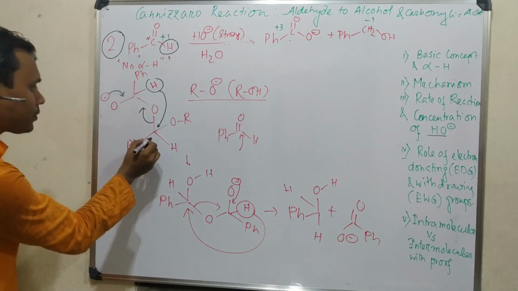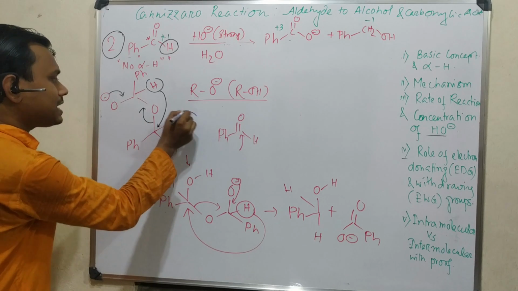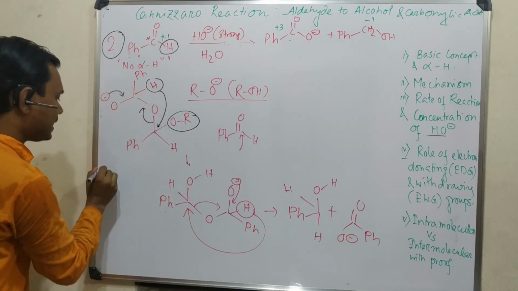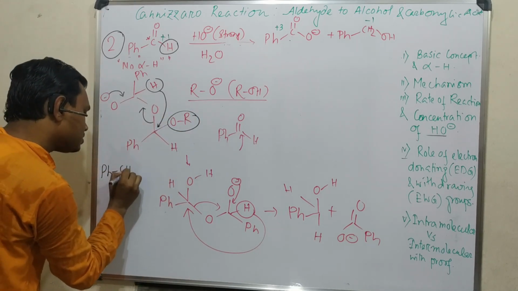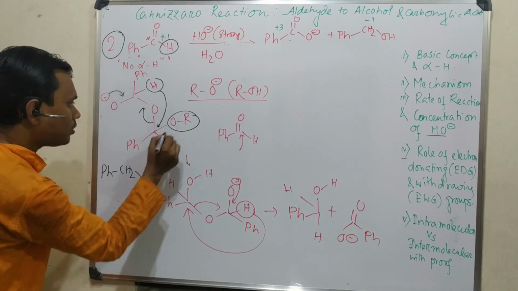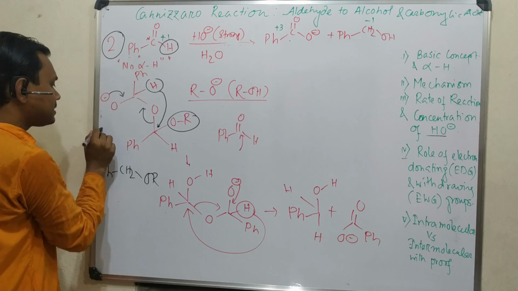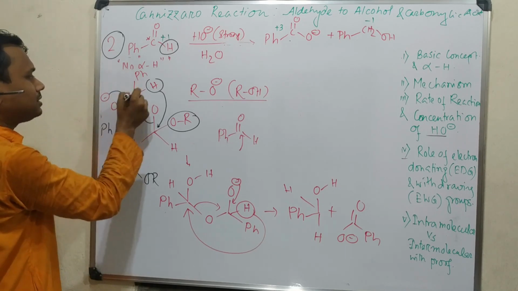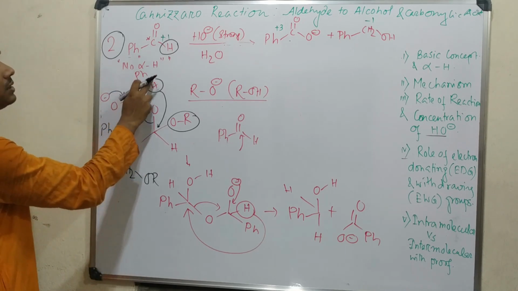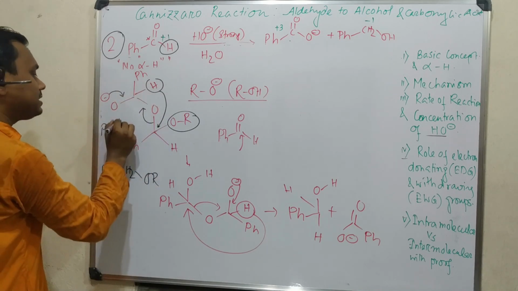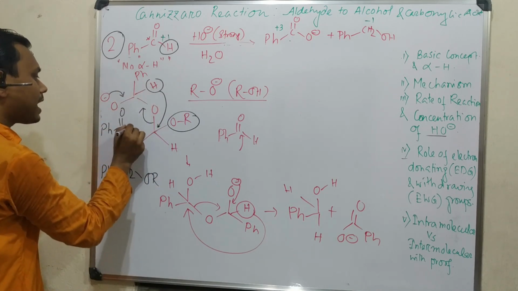So this alkoxide-attached part is reduced to a hydride-attached part: Ph CH2 OR, and another product is Ph with oxygen pushed, no hydride left, that is a carboxylate anion.